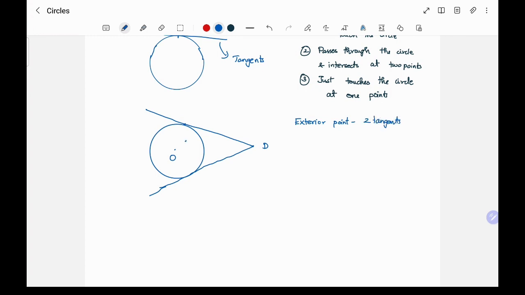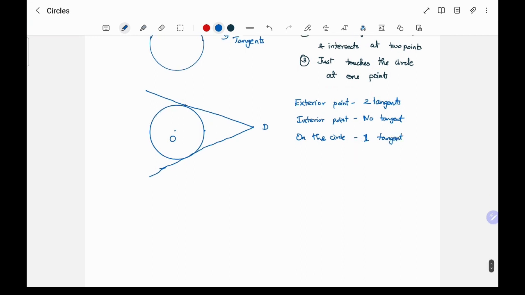From an interior point, we can't draw any tangent, right? So interior point, no tangent. And if the point is present on the circle, then we can draw only one tangent at that point itself. Okay.